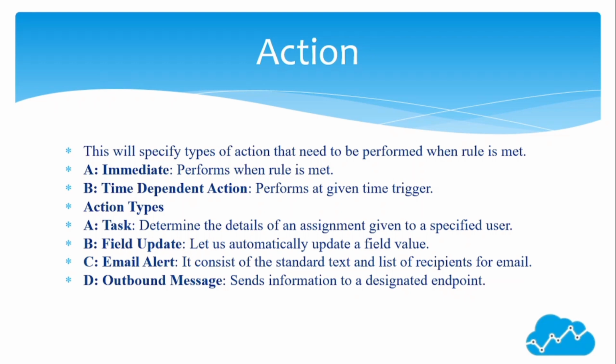Action types: Task determines the details of an assignment given to a specified user. Field update lets us automatically update a field value. Email alert consists of the standard text and a list of recipients for the email. Outbound message sends information to a designated endpoint.